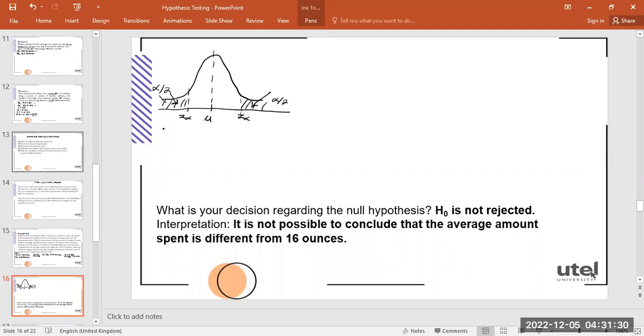Now, it then means that we need to calculate our Z critical value, the critical value, which is Z alpha by 2, which could also be written as C of 0.025.